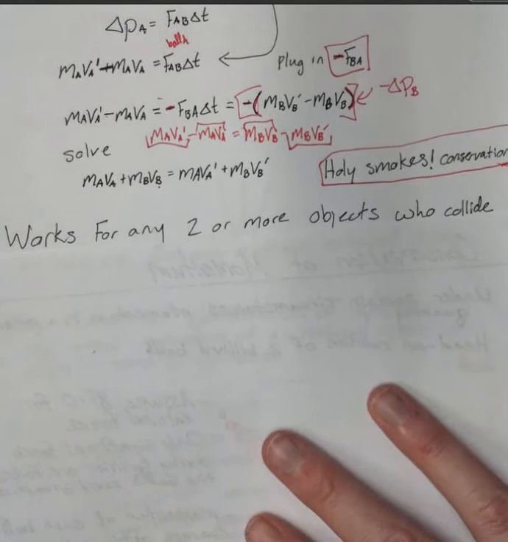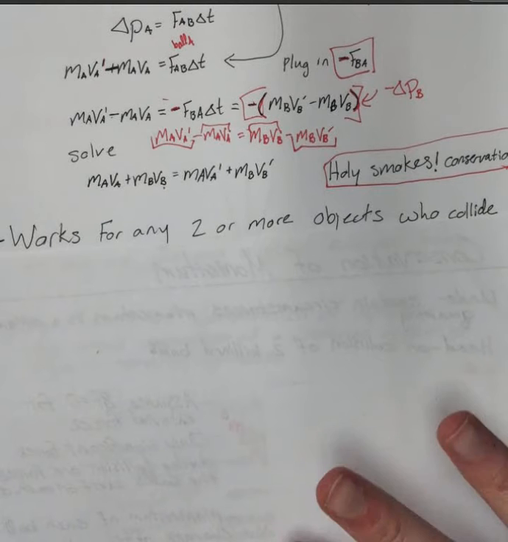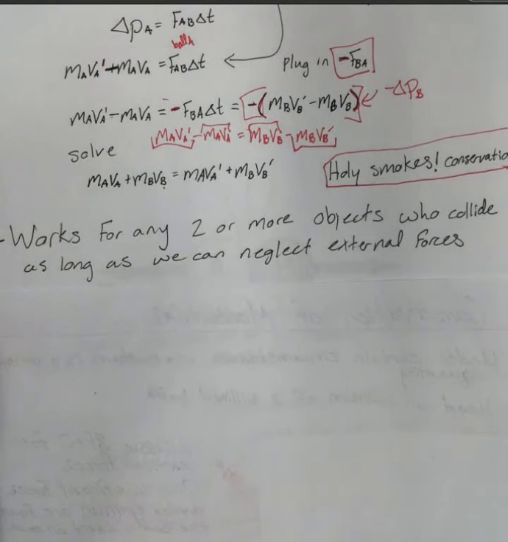Conservation of momentum will work, and we can apply it to any two or more object systems that collide with each other. But in order to apply this, we must be able to neglect external forces.